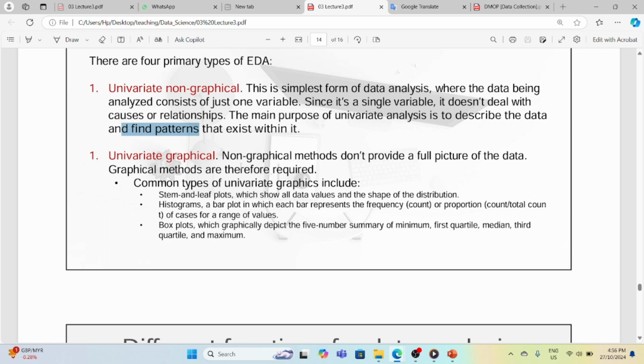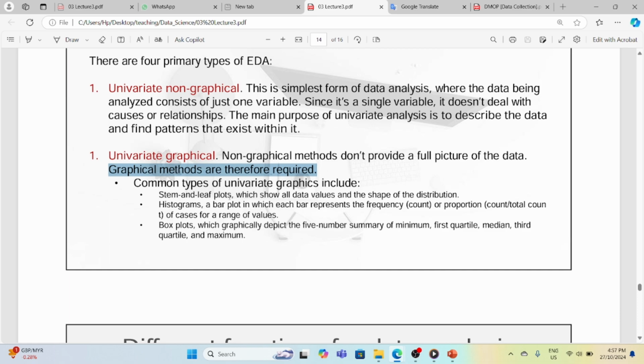Univariate graphical. Non-graphical methods, the previous one, do not provide a full picture of the data. So this is a disadvantage of the non-graphical one, and we need graphical methods. Why? Because non-graphical methods don't provide a full picture of the data.